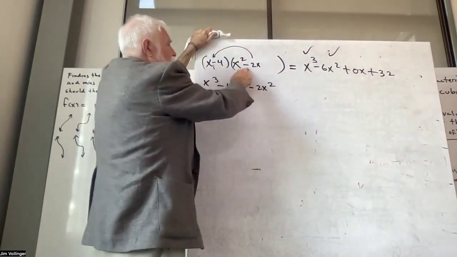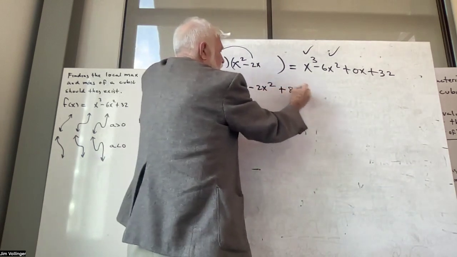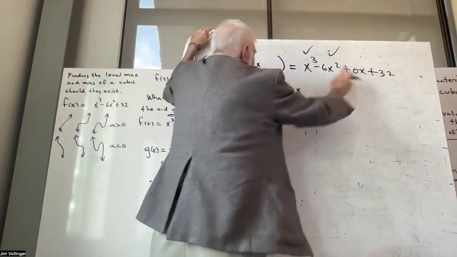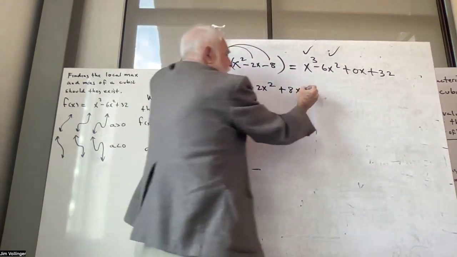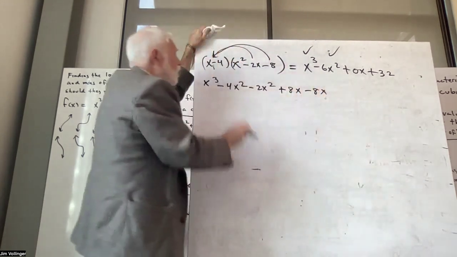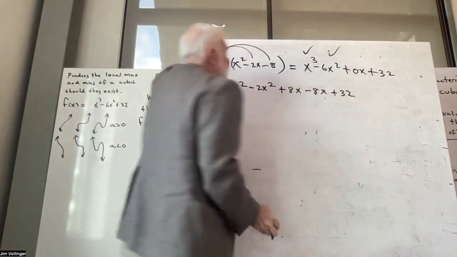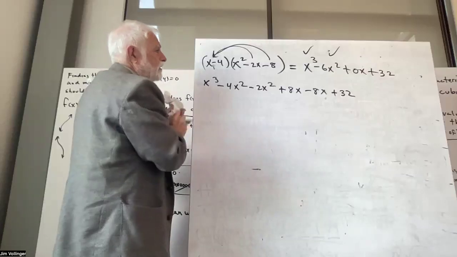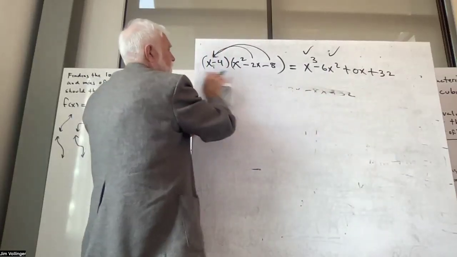And what's minus 4 times minus 2x? It's positive 8x. And I have to get to 0x, so I think I need minus 8 times x to get minus 8x. And lo and behold, negative 4 times negative 8 is 32. So I could have written this function as this product.